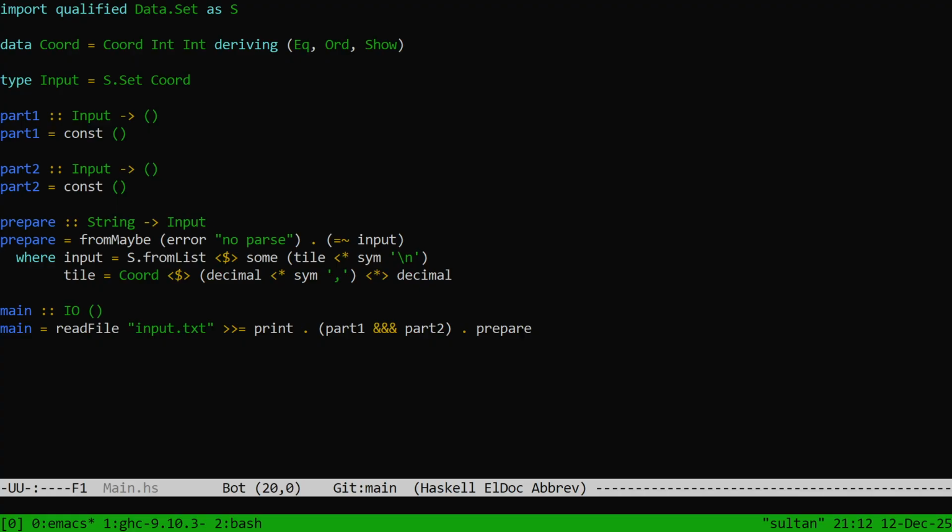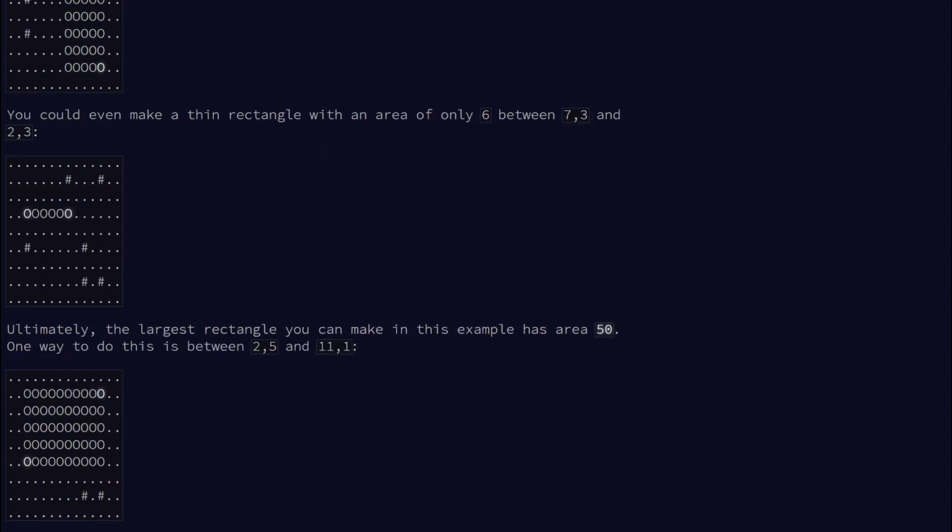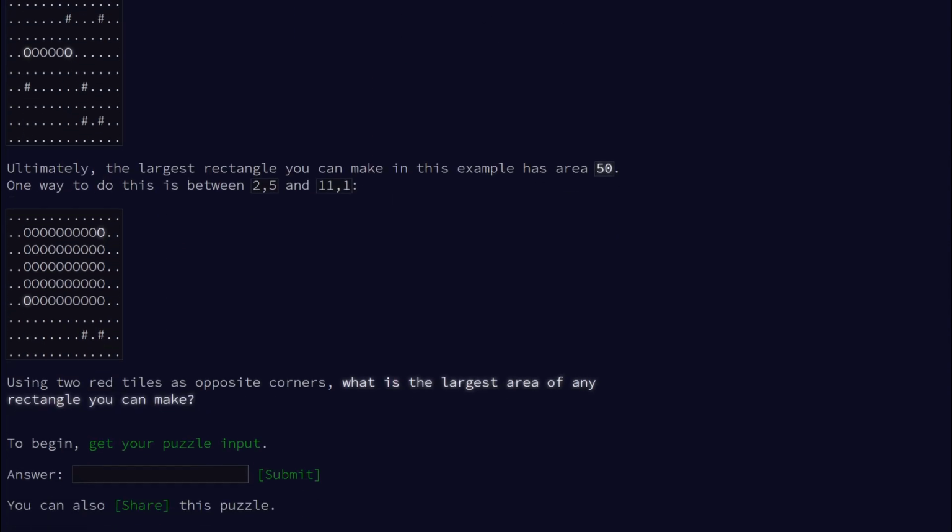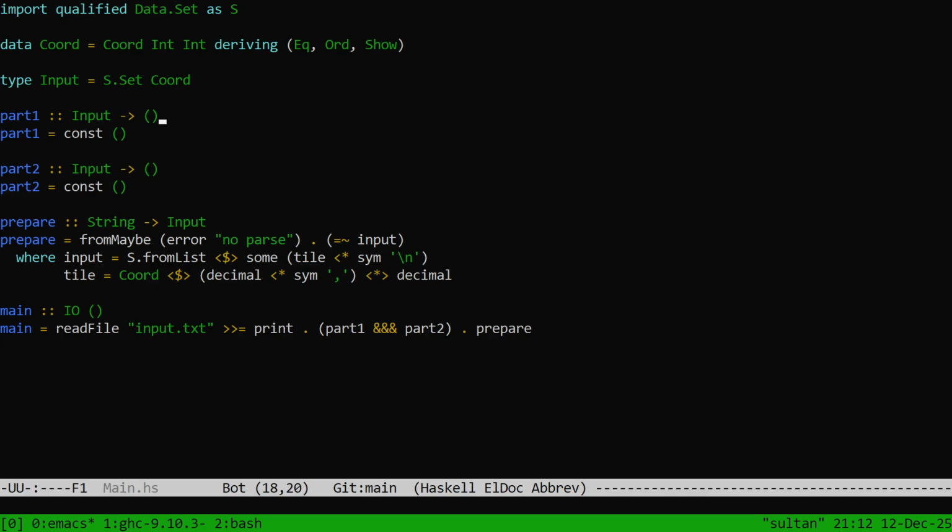So part 1, what are they actually asking me here? The area of the largest? Yeah. So we want to return an int. Tiles? I mean, there's no real reason this should even be a set.